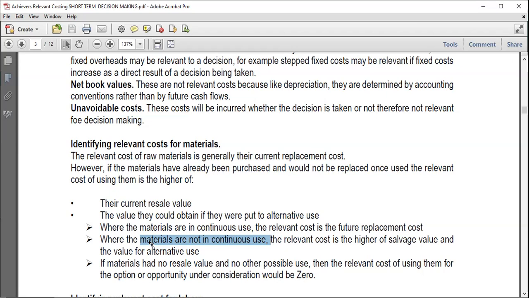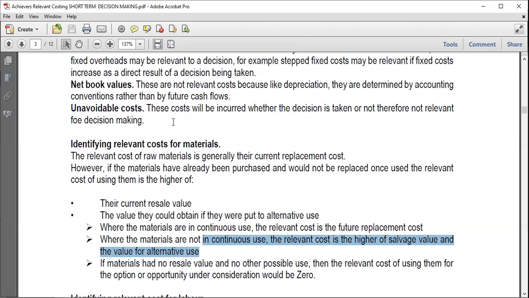If they are scrap in nature, the relevant cost is the higher of the salvage value, and the word salvage also means scrap, so the higher of the scrap value and the value for alternative use.